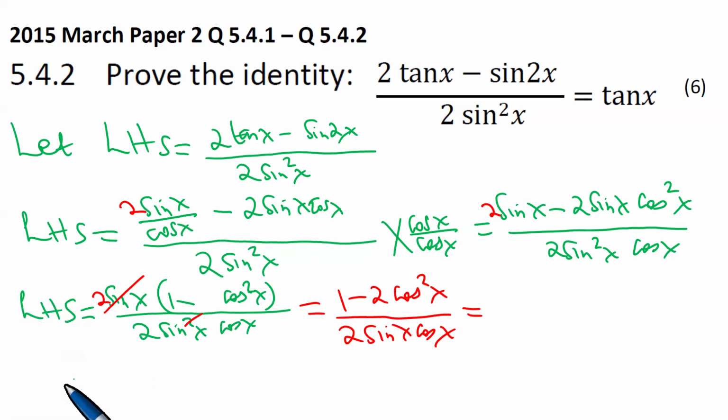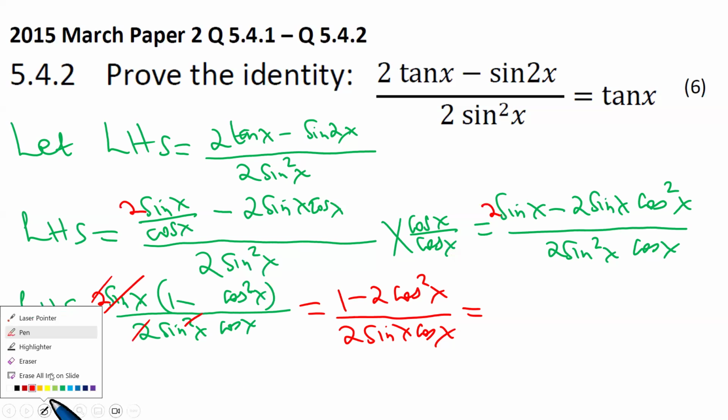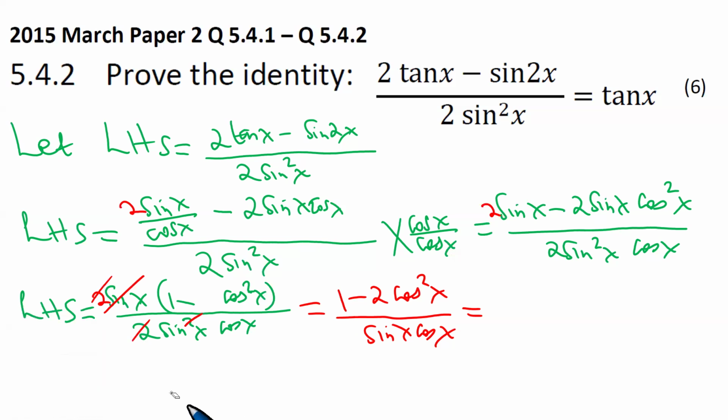What does this give us? At this point, the 2s cancel with the other 2, and the sine cancels, leaving the sine of x in the denominator.